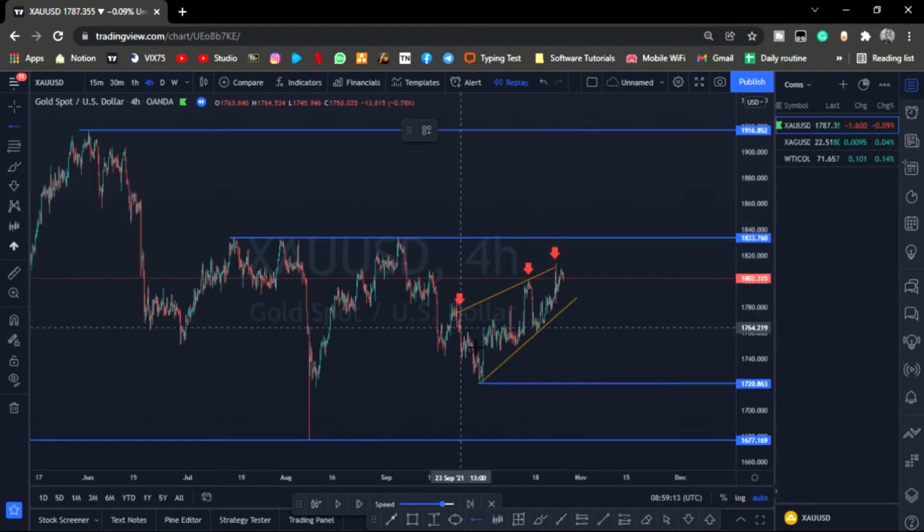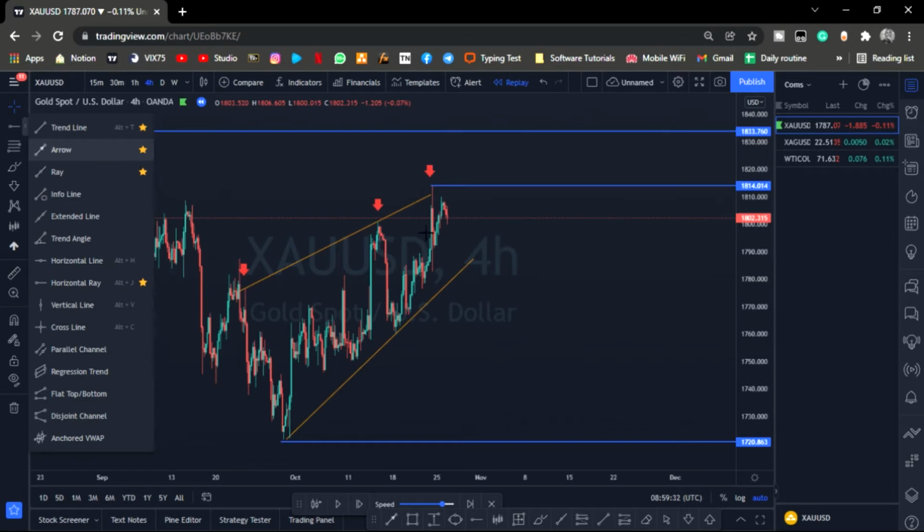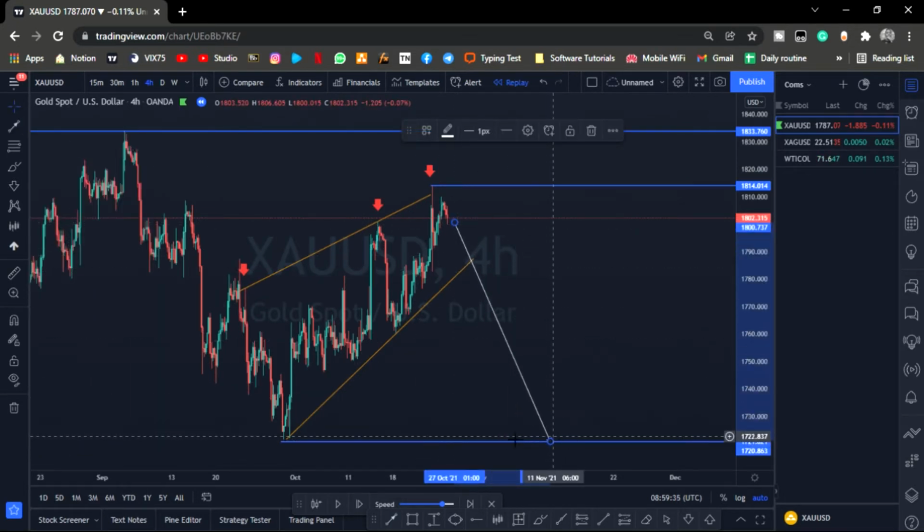Since I'm aware that we have that ascending wedge, I'm actually looking for more sells than buys, since this structure is telling me price is likely to drop down to this place.